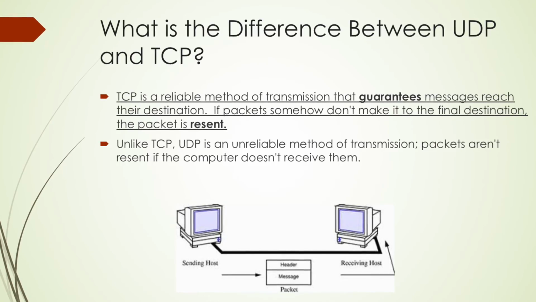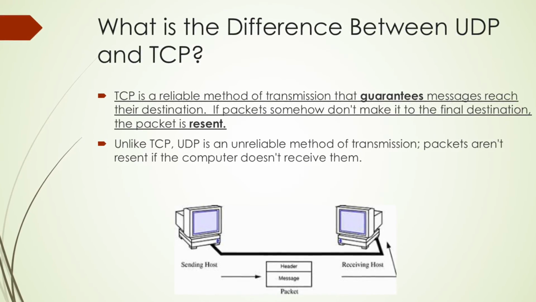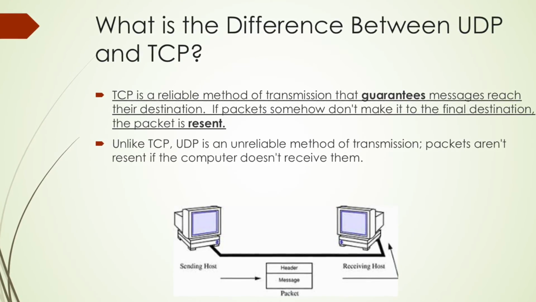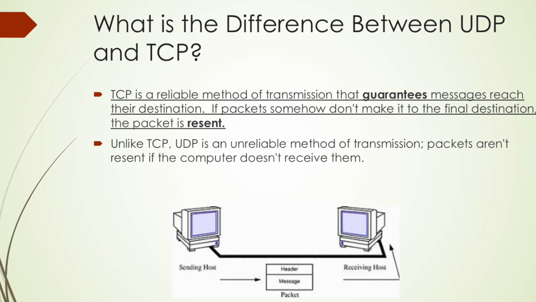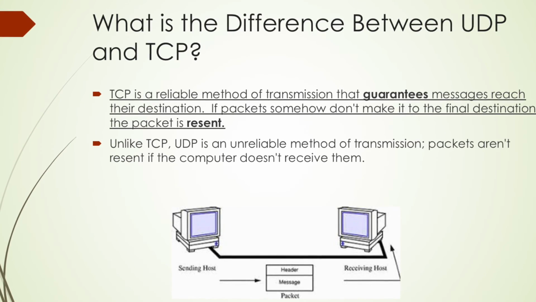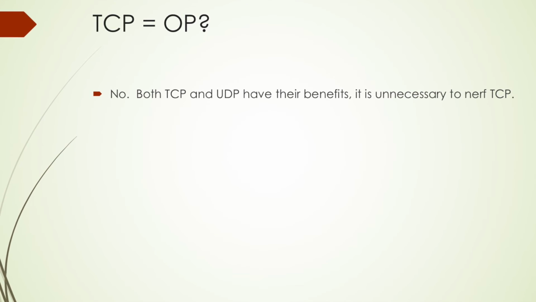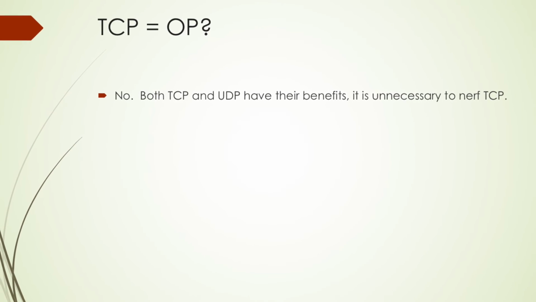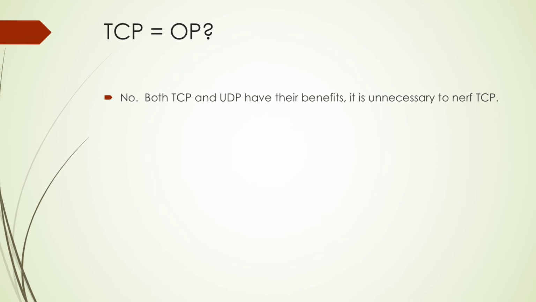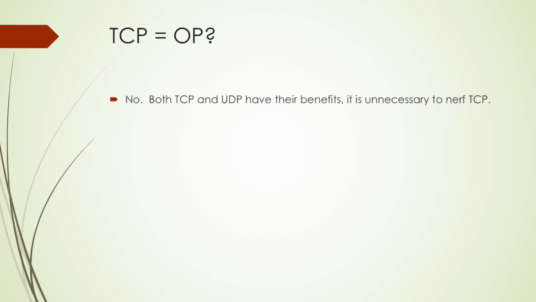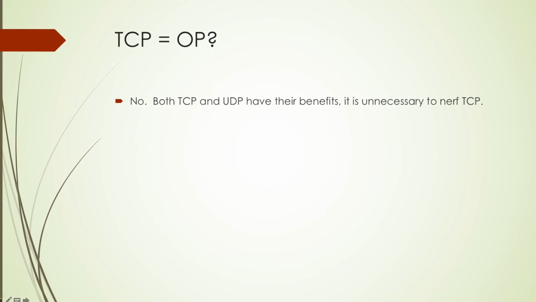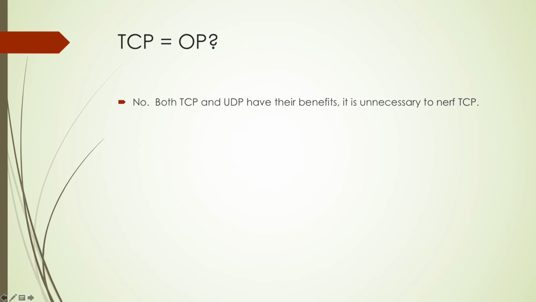And unlike TCP, UDP is an unreliable method of transmission, meaning that packets aren't resent if the computer doesn't receive them. So does this mean TCP is better than UDP in everything? No. They both have their benefits, so we're going to go into that.